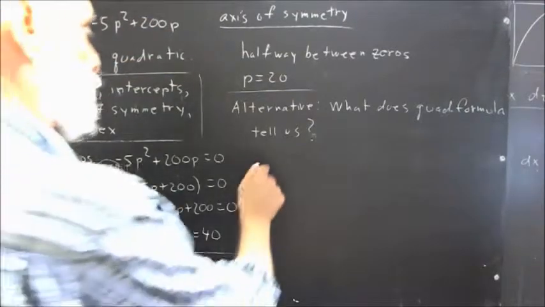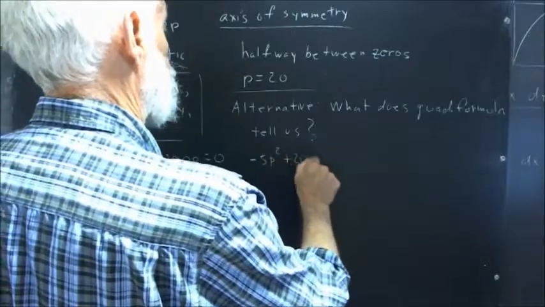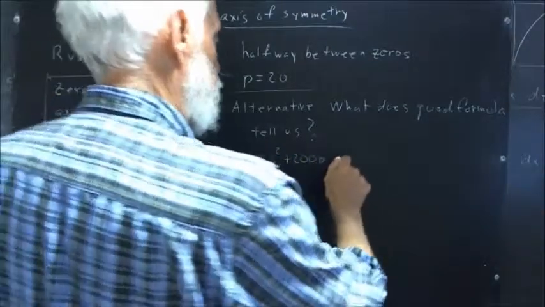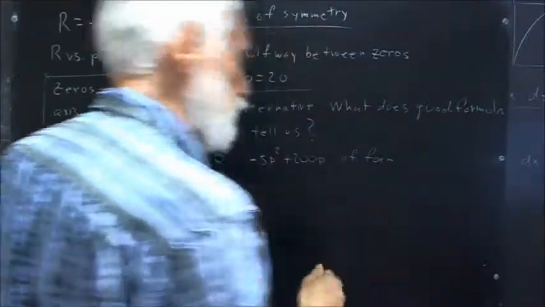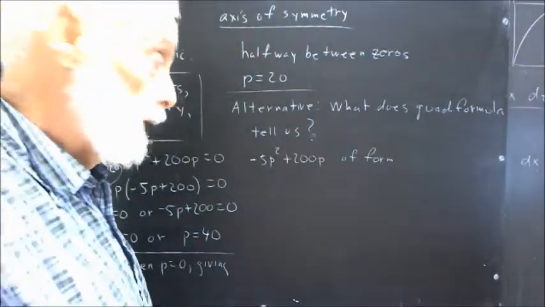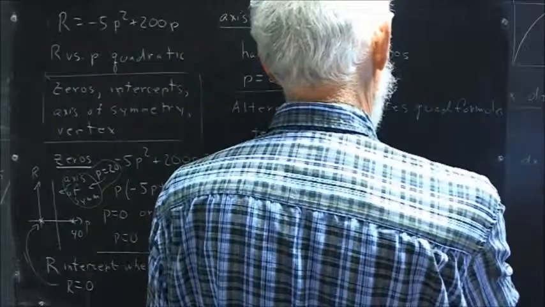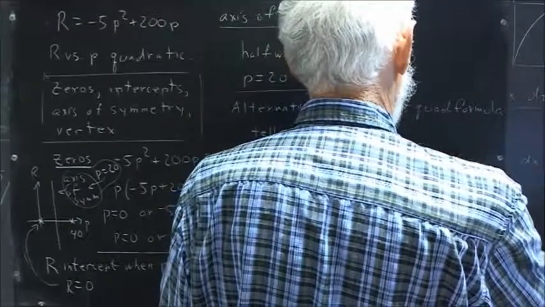Well, negative 5p squared plus 200p is of the form, not ax squared plus bx plus c, not at squared plus bt plus c, but ap squared plus bp plus c.